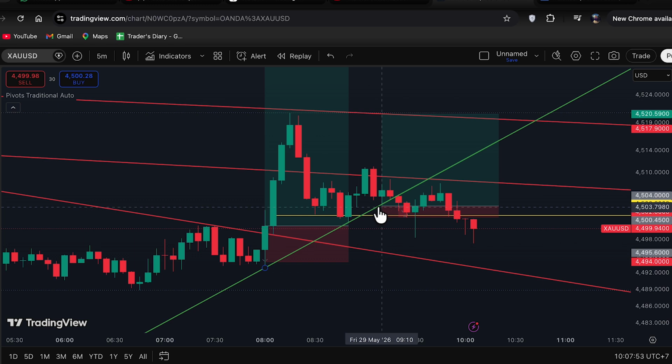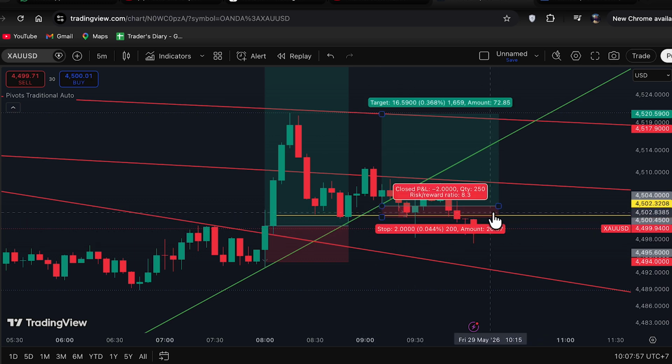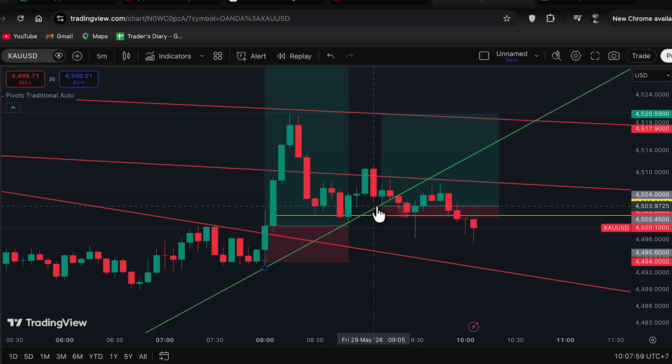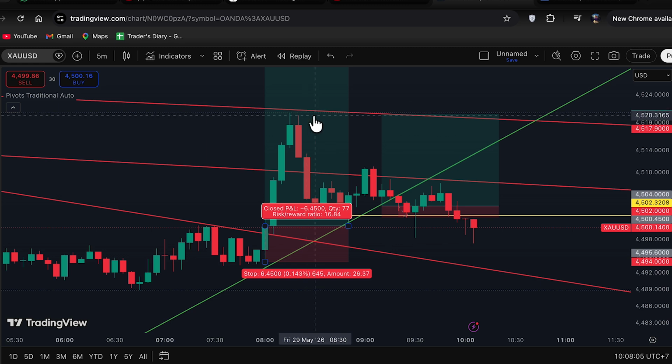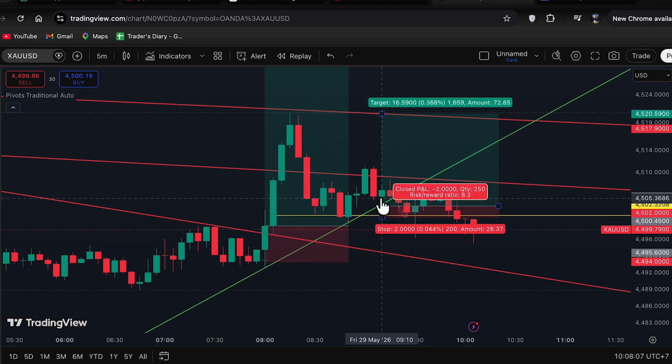I took the trade, but with a really tiny stop loss, just $2, because I'm thinking the price is bouncing and is going to retest this daily high again, but it didn't, and I took the stop loss.